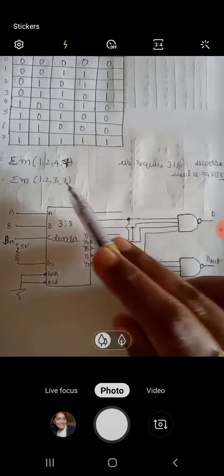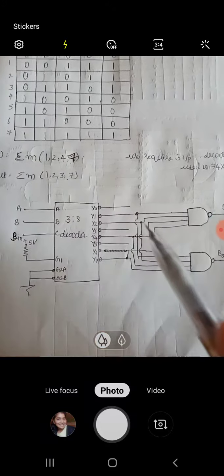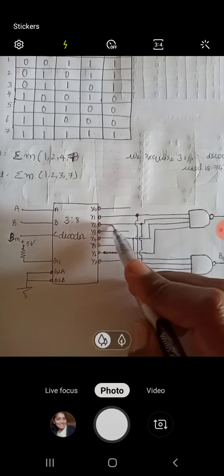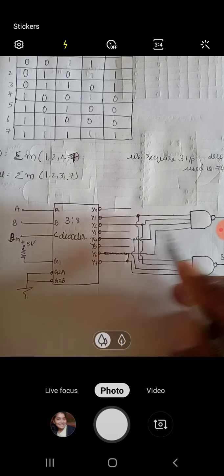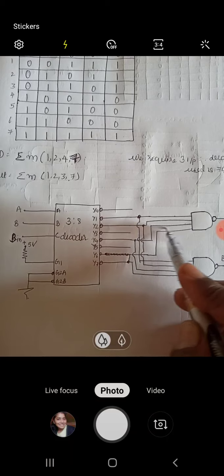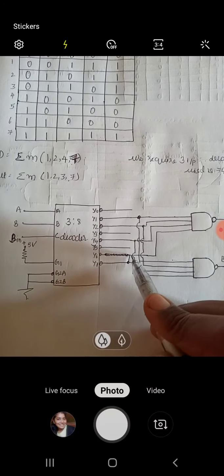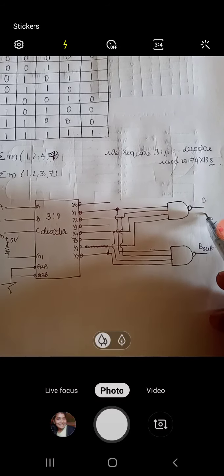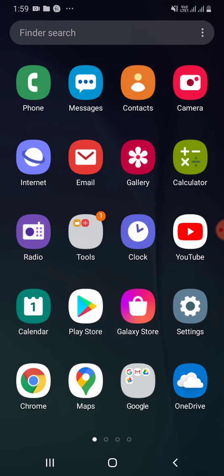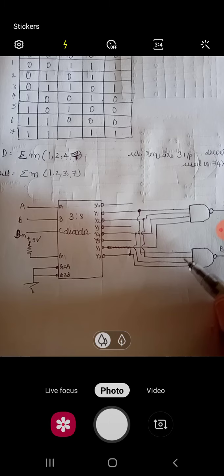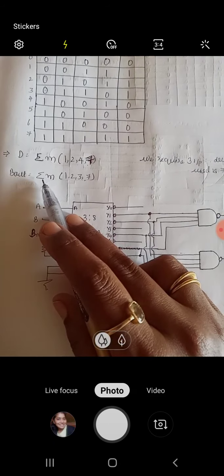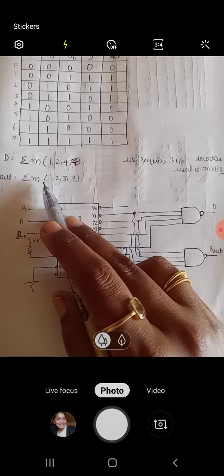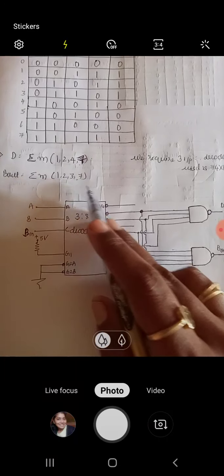Now let us see the D, that is difference, 1, 2, 4, 7. So this is 1, this is 2, this is 4 and this is 7. I have tapped it over here. So this is again NANDed and you get the difference. Similarly for the borrow, 1, 2, 3, 7.